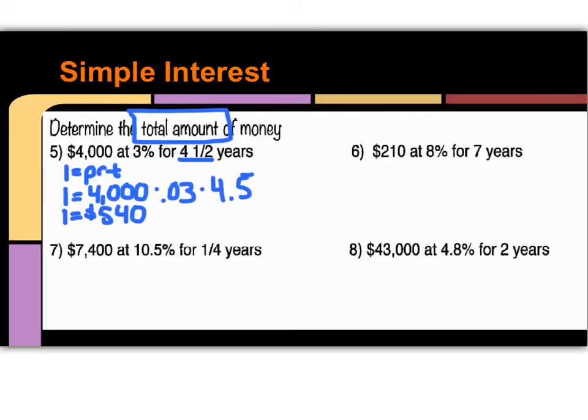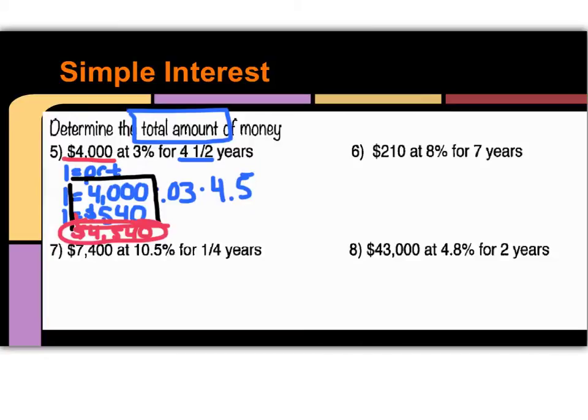But that's not the total. Now I have to add the principal, which is the 4,000, and the interest. If I add those two together, I would get a total of $4,540. So I may have borrowed $4,000, but I'm paying back $4,540.